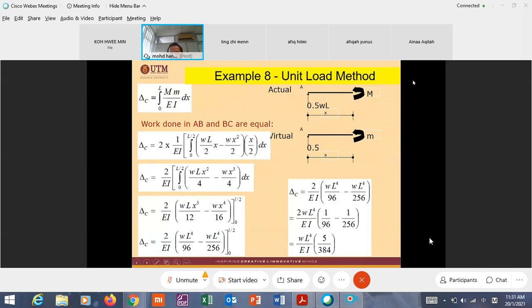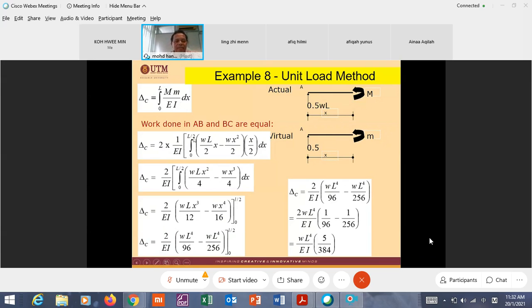When it is integrated between L and 0, that means we can integrate half of the beam, L over 2, but multiply by 2, because we know that the work done at each segment is equal. So this is the equation now.